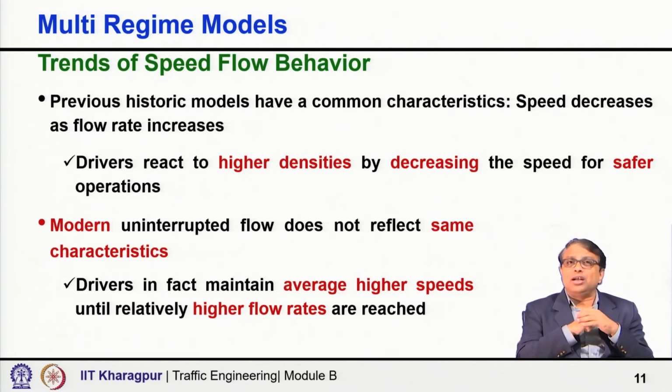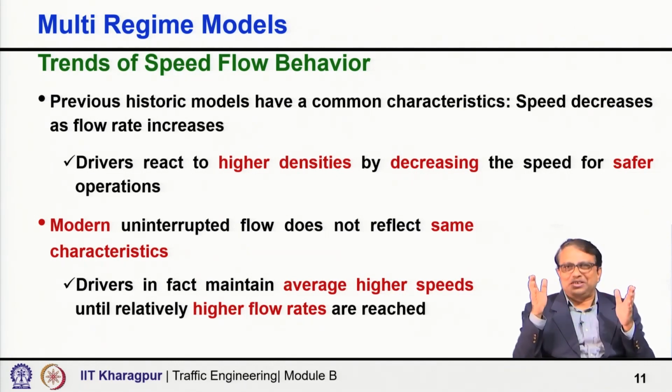But modern uninterrupted flow does not reflect the same characteristics, particularly if you say access control facilities, or the facilities which are operating not theoretically as access control facilities, but somewhat nearer to that, maybe long sections of highway without much interventions or interference in between.